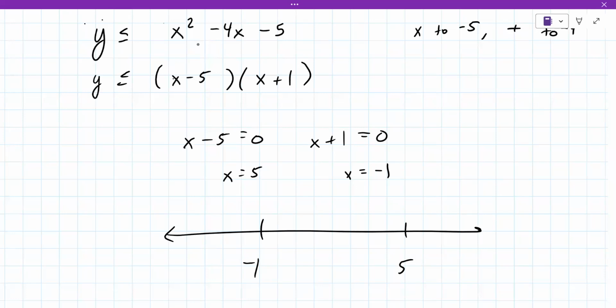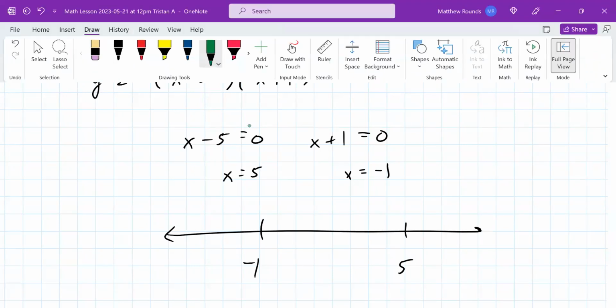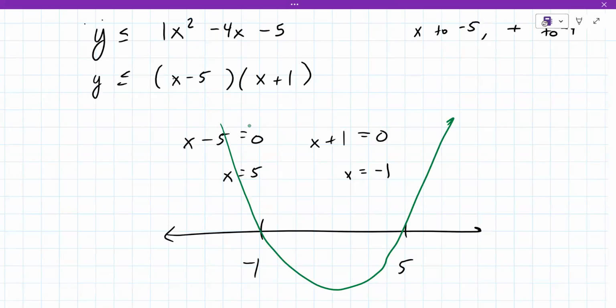It has to do with this leading coefficient here. Up. It opens up. So I'm going to draw a graph of this. This graph is correct because it has to hit the x-axis at -1 and 5 because we said those are the zeros.